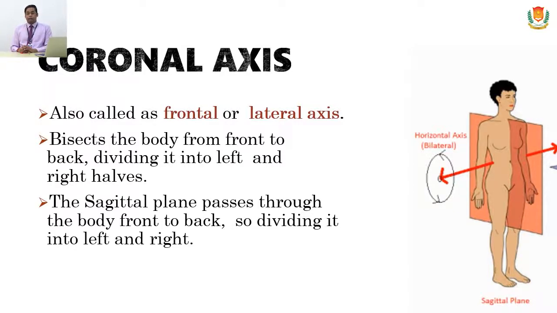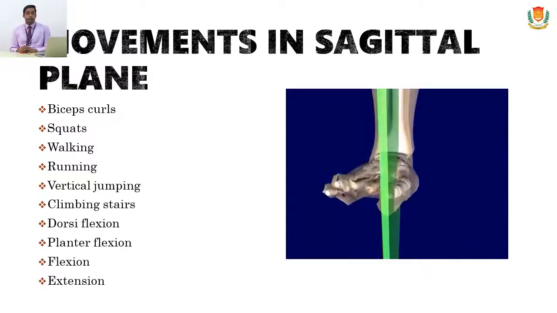Now we have to talk about the movements that correspond to the sagittal plane, or the movements which are parallel to the sagittal plane, or I can also say the movements which are happening around or along with the sagittal plane.